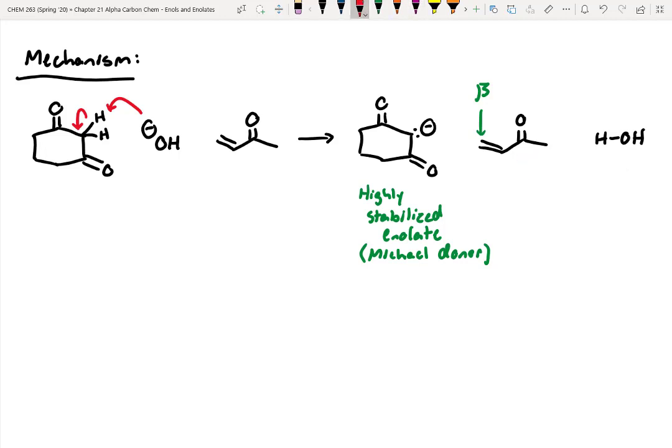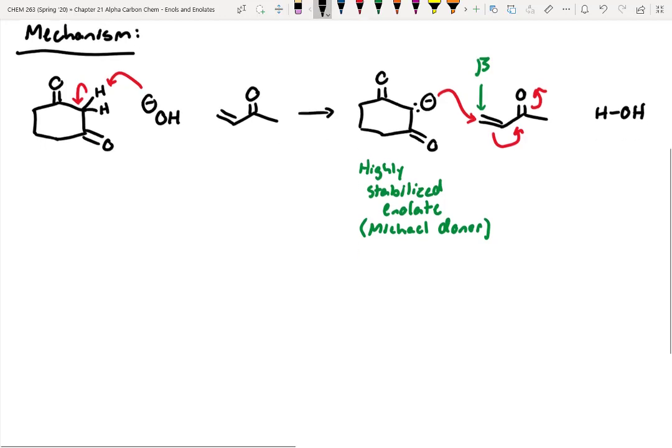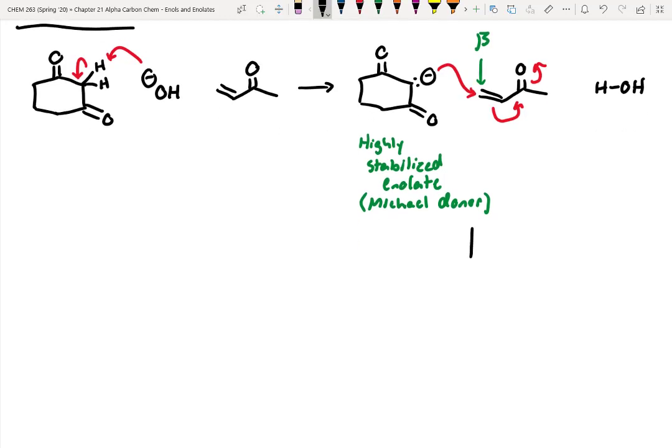So in the next step, our Michael donor is going to attack in, and it's going to kick electrons all the way up to this oxygen. So let's go ahead and draw our next intermediate. When we do this, we create a new carbon-carbon bond, and we're left with an enolate.